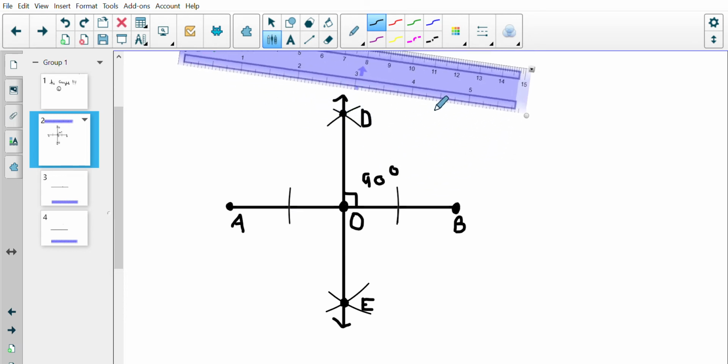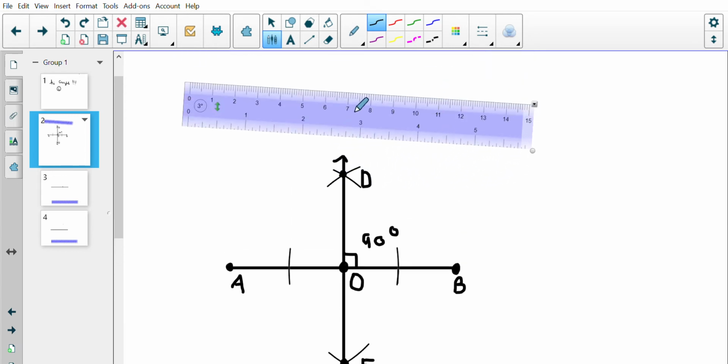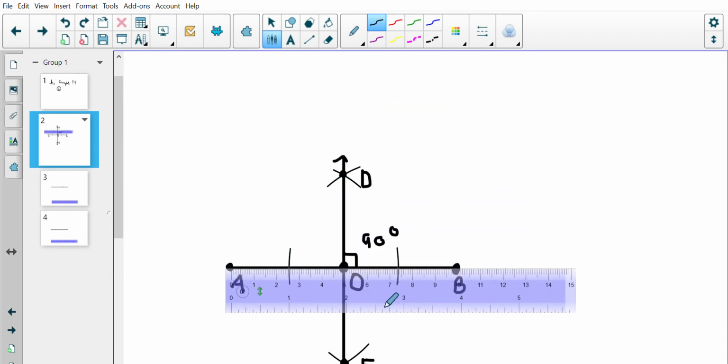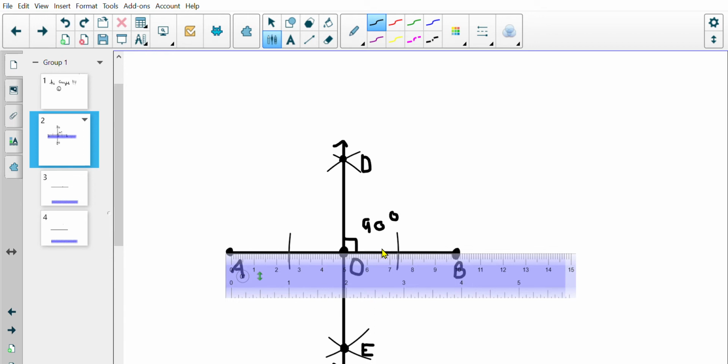So I have taken a 10 centimeter line, and if you see, from 0 to 5, this is 5 centimeters, and 5 to 10, this is also 5 centimeters. So it explains that both sides of this perpendicular bisector have created an equal side. So now I'll just write whatever we observed.